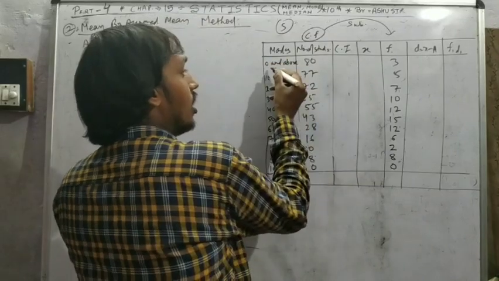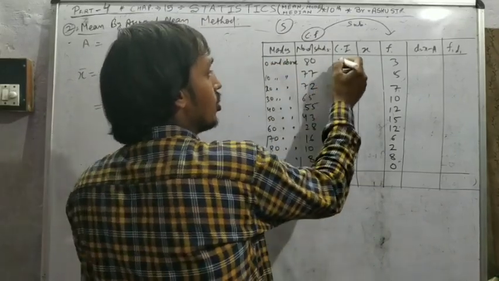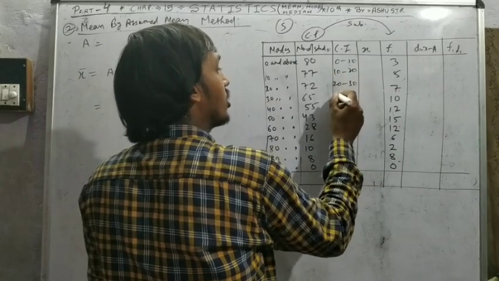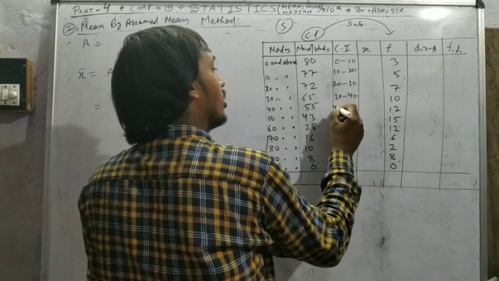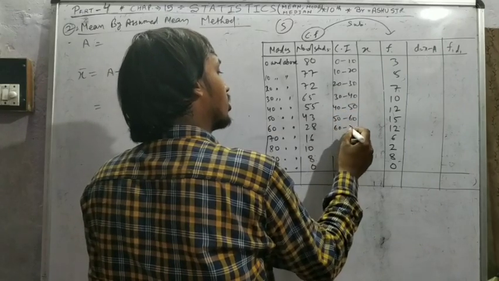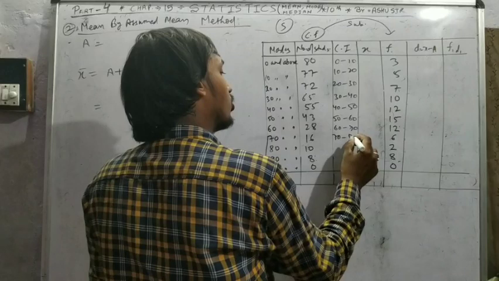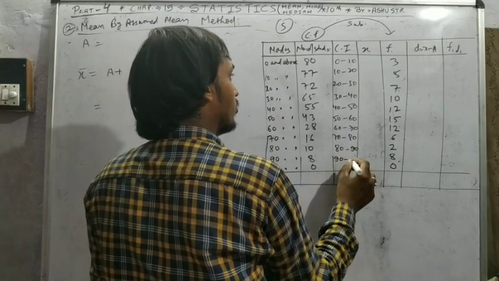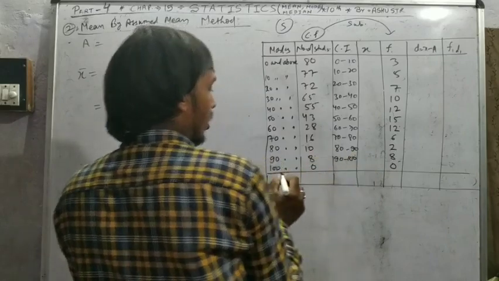0 and above. Class size is 10. So 0 to 10, 10 to 20, 20 to 30, 30 to 40, 40 to 50, 50 to 60, 60 to 70, 70 to 80, 80 to 90, 90 to 100, and 100 above.